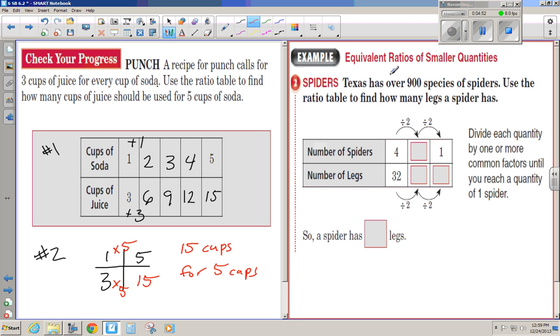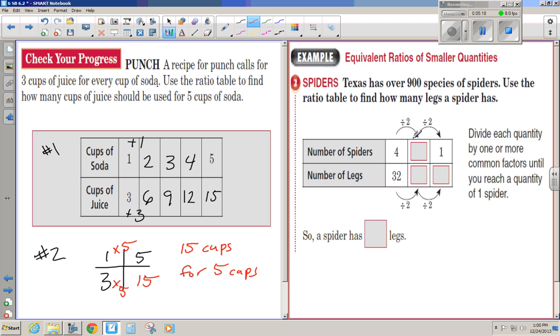Now, example, equivalent ratios. Spiders. Texas has over 900 species of spiders. Use the ratio table to find how many legs a spider has. Okay, so 4 spiders will have 32 legs.